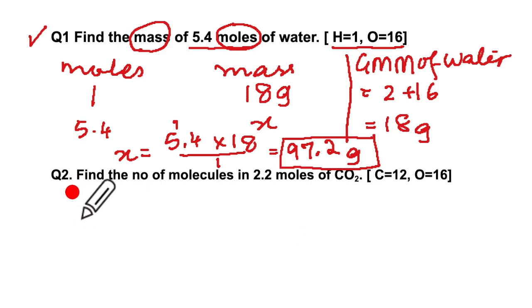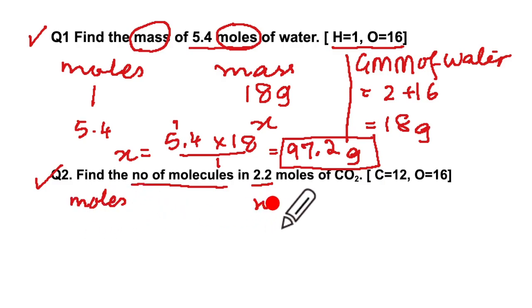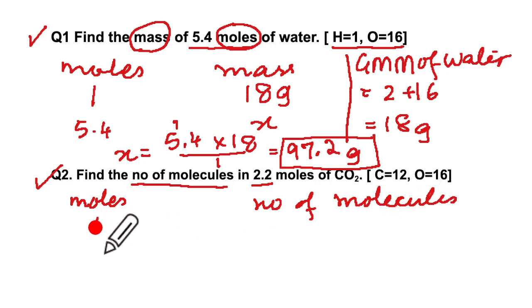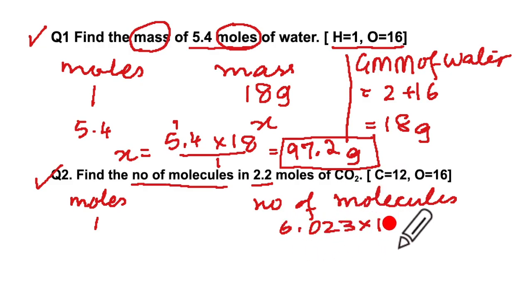Okay, let us look at question number 2. Find the number of molecules in 2.2 moles of CO2. So I will have the moles which is given and the number of molecules which is to be found out. So if I have 1 mole of CO2, it will have 6.023 × 10^23 molecules.